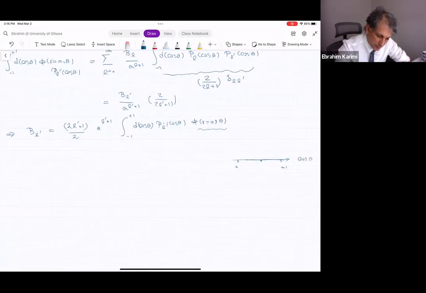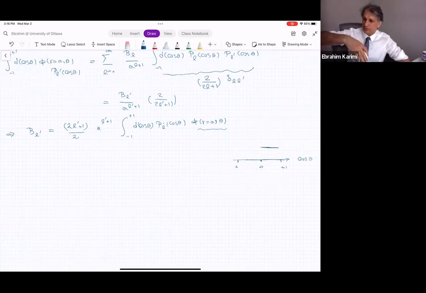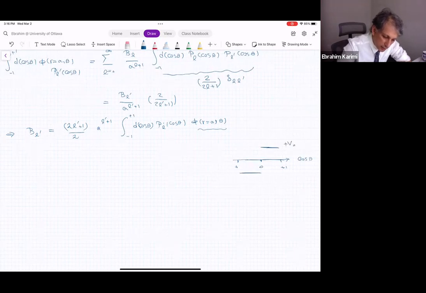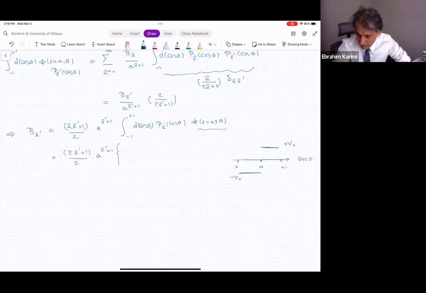So for 0 to +1, which is associated with the north hemisphere, you have a positive V0. And for the south hemisphere it is equal to negative V0. You agree? Then that means that 2L prime plus 1 divided by 2A^(L prime plus 1), that integral will break down into 2 different integrals.